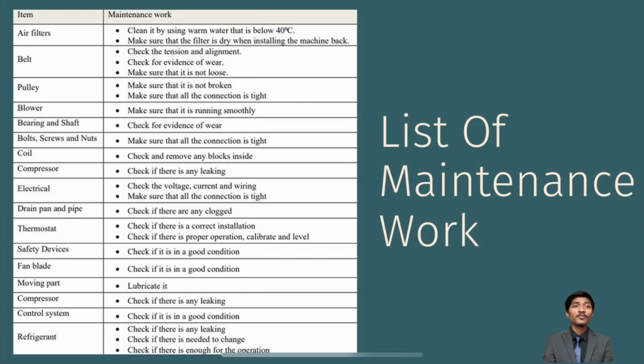Or maybe you have a problem with the compressor. The maintenance work is to check if there is any leaking. For a problem with the refrigerant, the maintenance work is to check if there is any leaking, check if there is a need to change it, and last, check if there is enough for the operation.